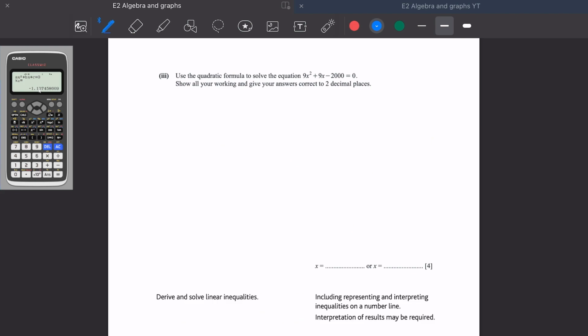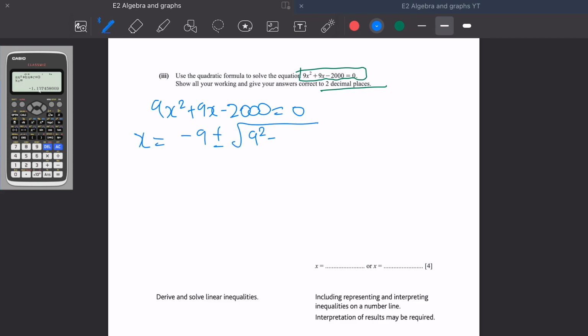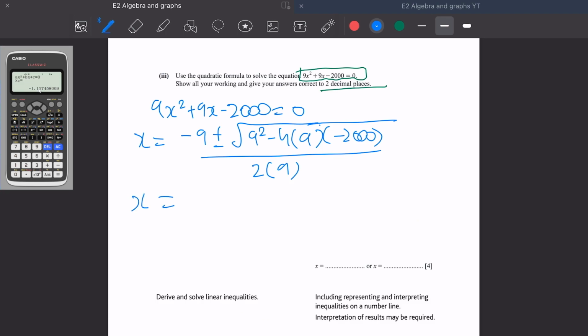Use the quadratic formula to solve this equation, and you want two decimal places. So 9x squared plus 9x minus 2000 equal to 0. So x is equal to minus b plus or minus root of b squared minus 4ac over 2a. So you get minus 9 plus or minus some expression here.